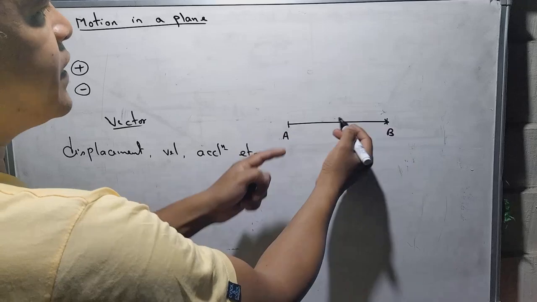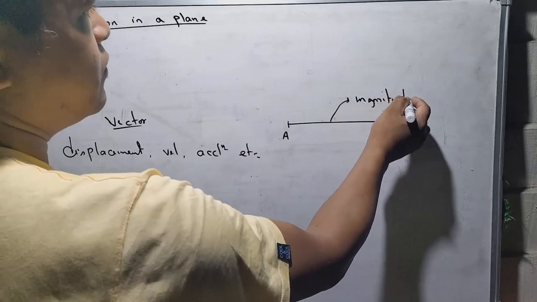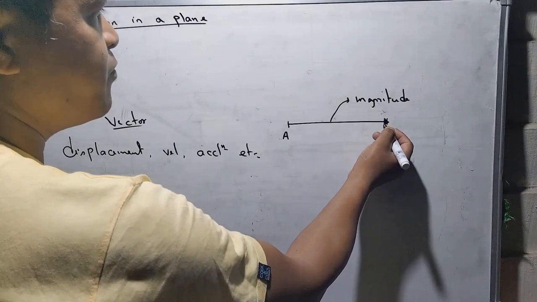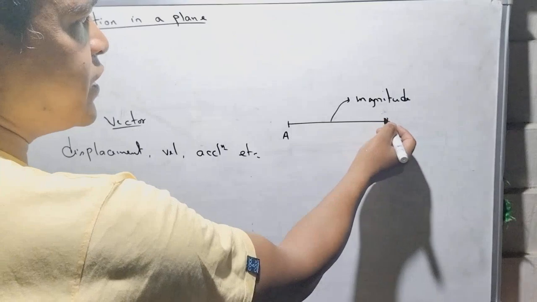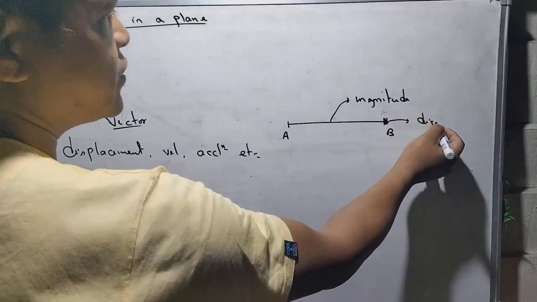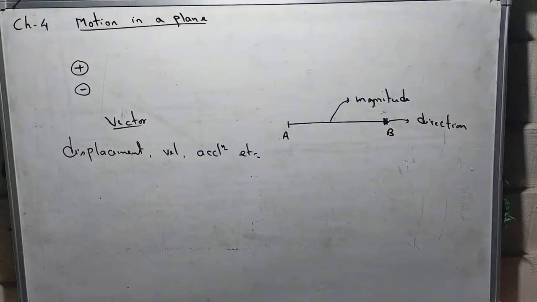The length of this line stands for the magnitude of the vector. And this arrowhead here is very important. It points in this direction, so it tells you the direction of the quantity. So this is how we represent a vector, by a line along with an arrow.